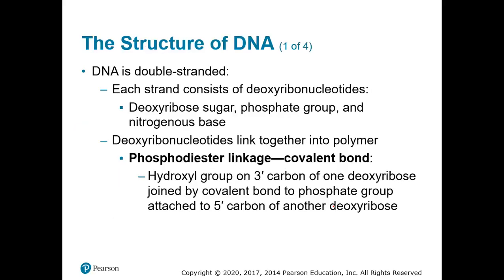So a little bit of recap on DNA, just for us to remember. It's been a while since our chapter on nucleic acids. DNA is double-stranded. The individual subunits are called deoxyribonucleotides because they're a deoxygenated ribose sugar, a phosphate group, and a nitrogenous base.